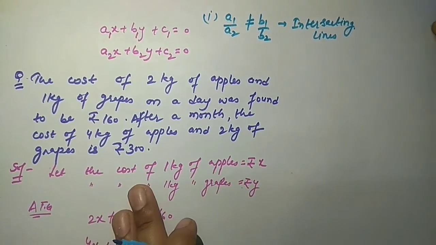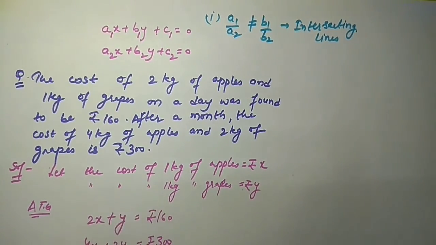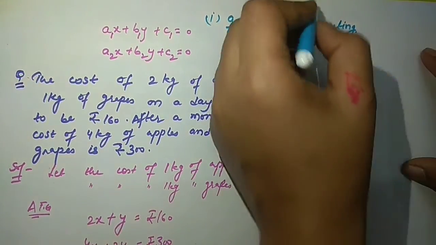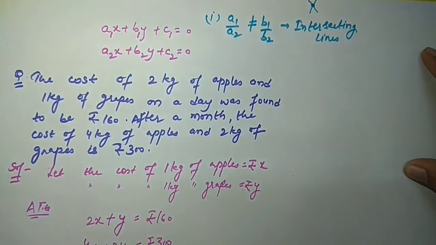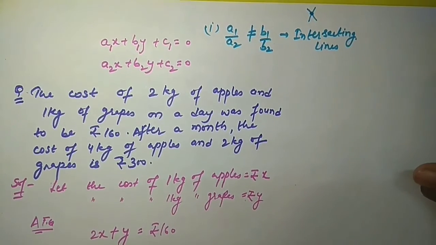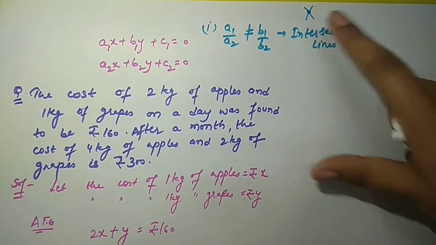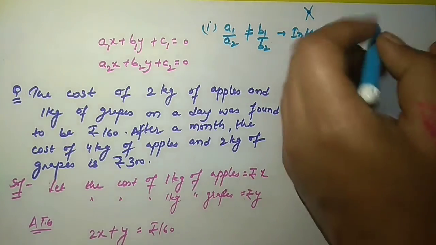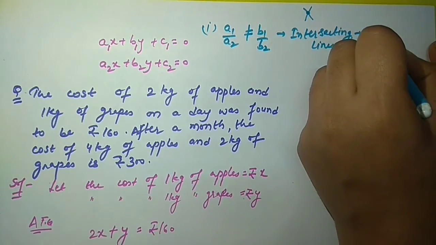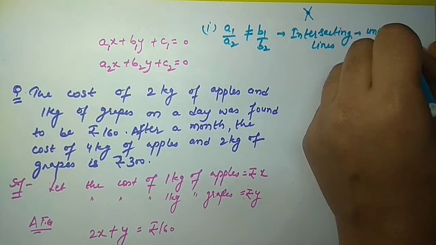If two lines are cutting each other, they cut at some point, so they have exactly one solution, or you can say a unique solution.